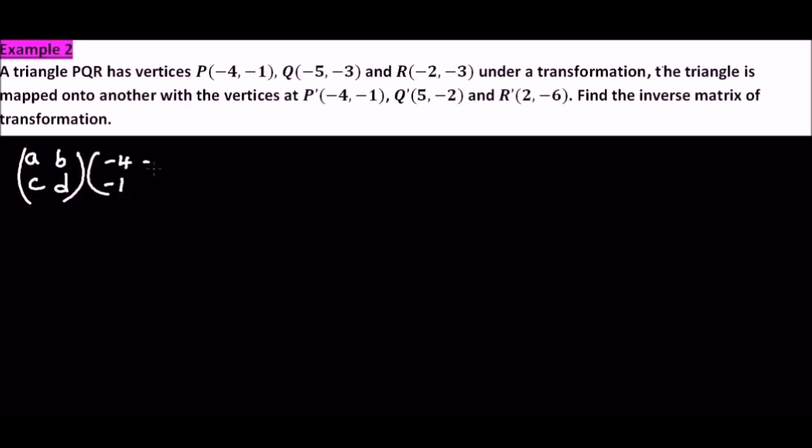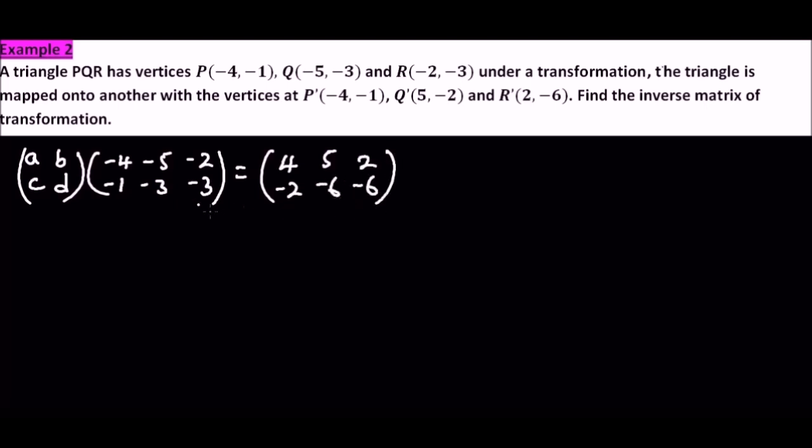This is minus 5, minus 3. This is minus 2, minus 3. When you multiply, it should give you the matrix formed by the vertices of the image. So this should give you 4, minus 2. Then we have 5, minus 6, and we have 2, minus 6.